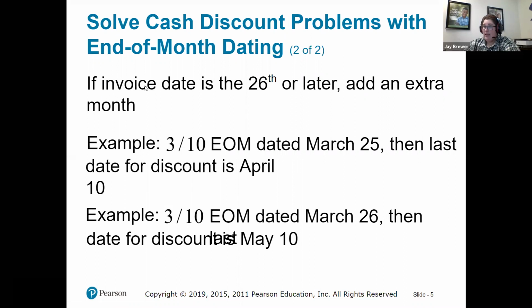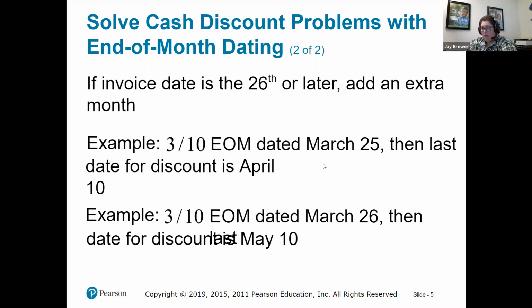So this is saying if the invoice date is the 26th or later, add an extra month. Here's an example. The 3 10 EOM dated March 25th, then the last date for the discount is April 10th. Okay. I think I get it.